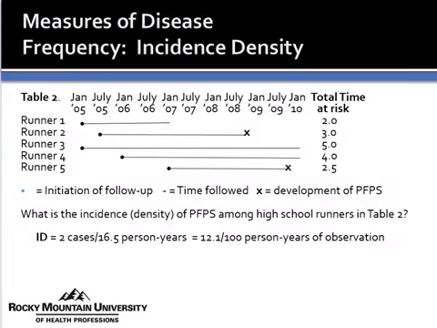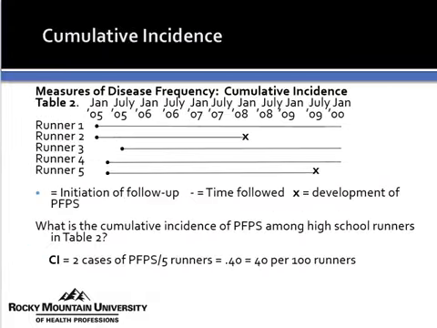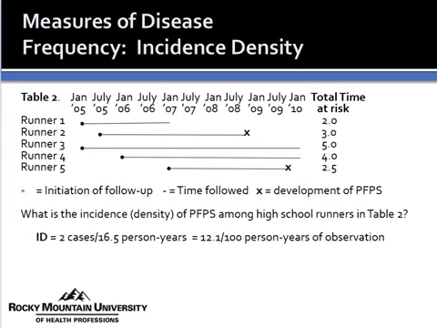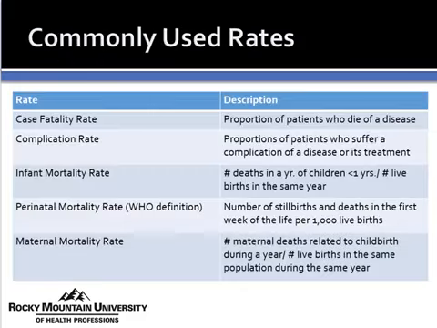So 12.1 developed patellofemoral pain syndrome per every 100 person years of participation versus 40 per 100 runners. Quite a different data set, isn't it? Or a different risk magnitude.